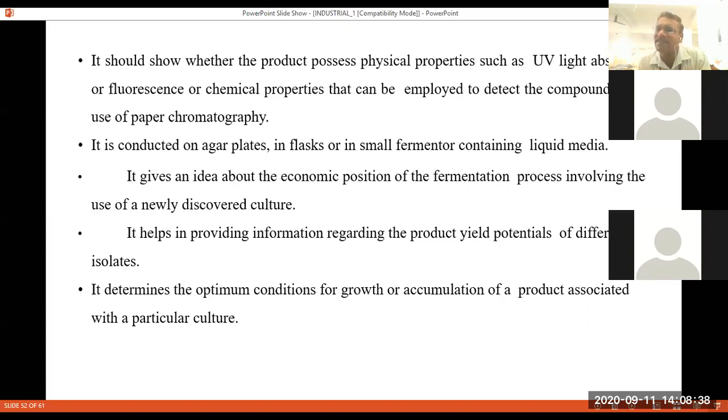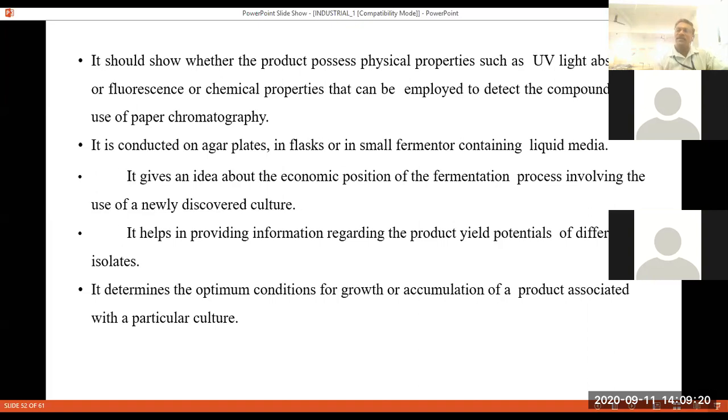Can that chemical absorb ultraviolet light, or can it fluoresce, like radium? There are a large number of chemical properties, such as boiling point and melting point, that can be employed to detect the compound by using paper chromatography. So this information is only possible when you are going with the secondary screening.